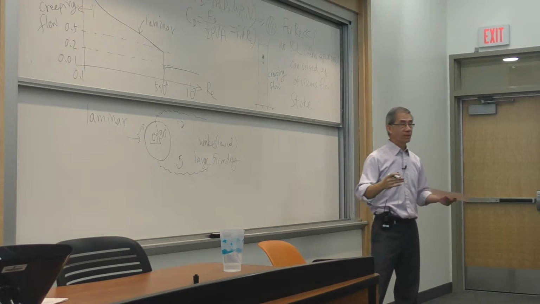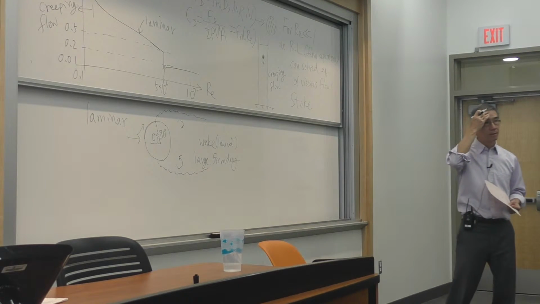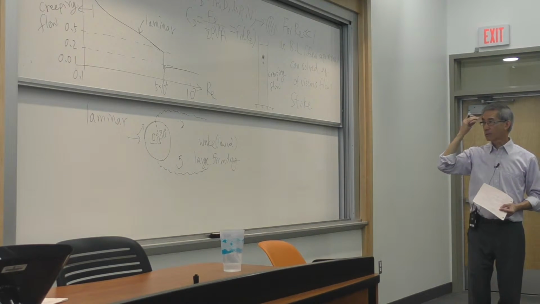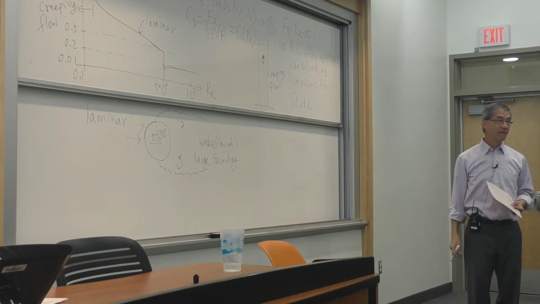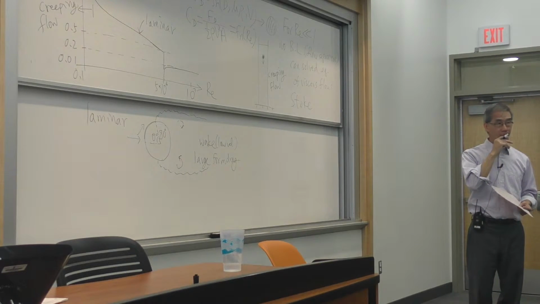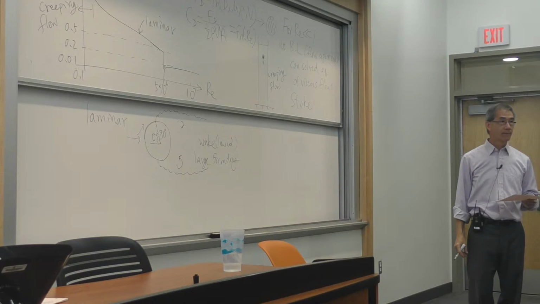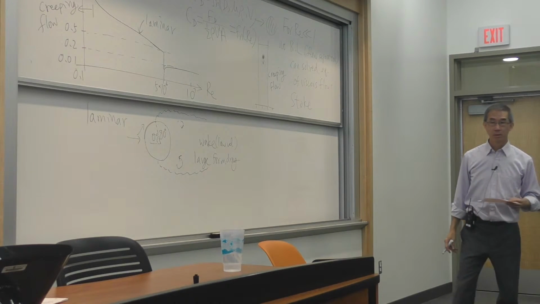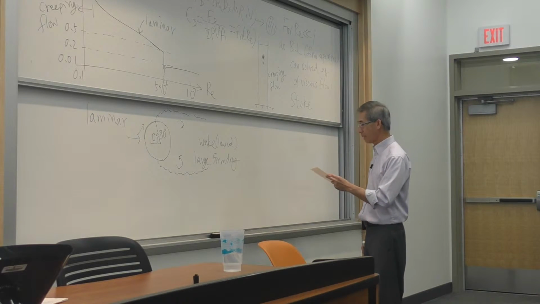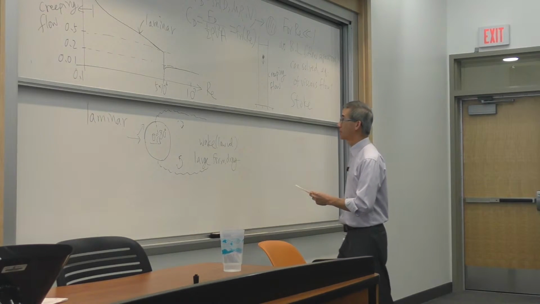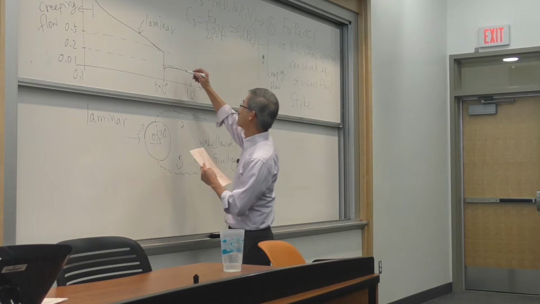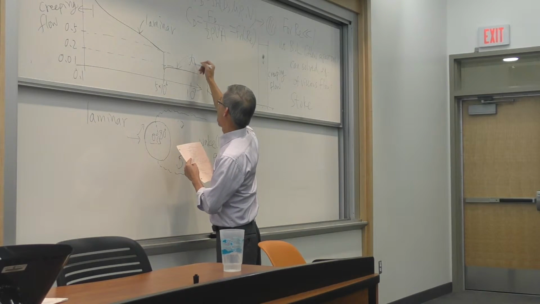It turns out because of this relatively wide low pressure region or wake, I have relatively large form drag. The pressure difference between the front and the back is now what comes into play in terms of the drag coefficient.